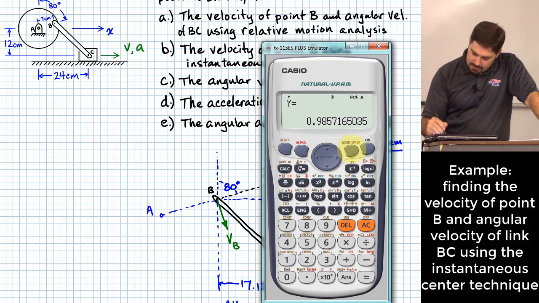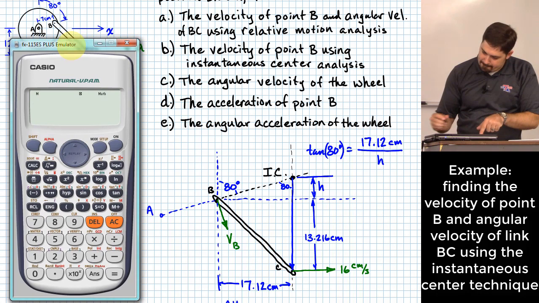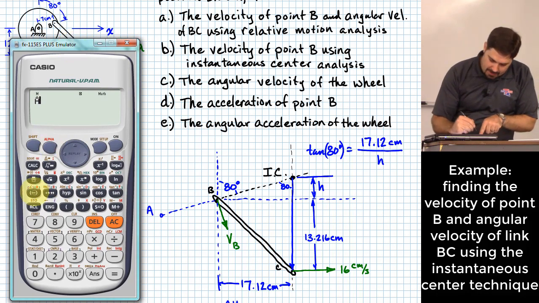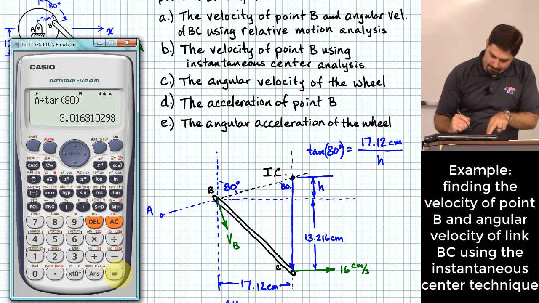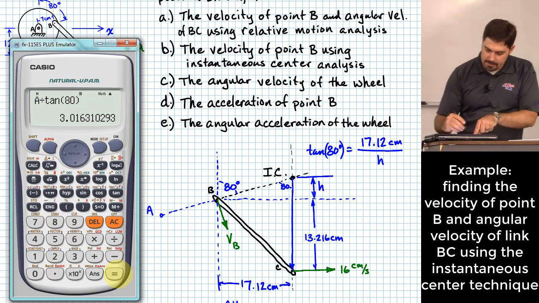So if I go back into my computation mode here, I can just take what I have stored in A and divide it by the tangent of 80 degrees. And that tells me this little h value is going to be 3.016.